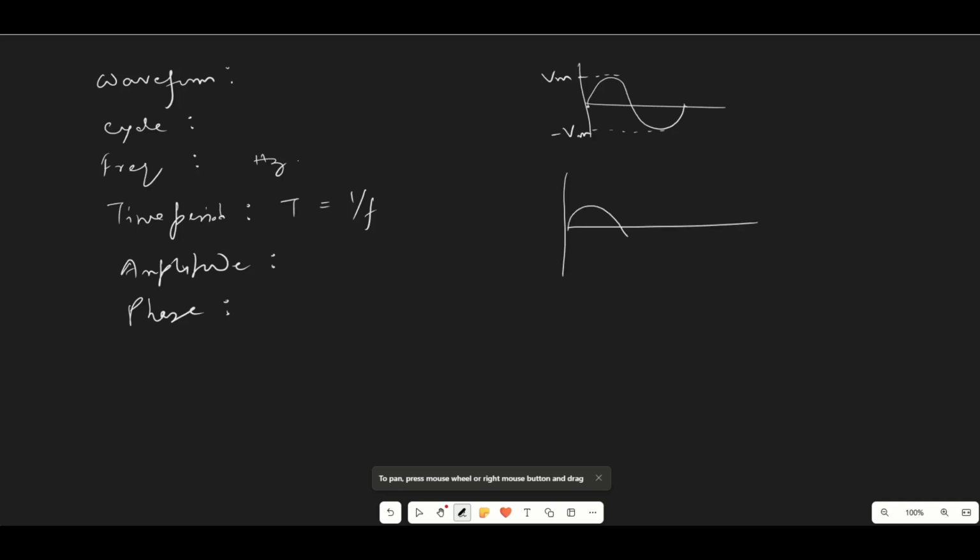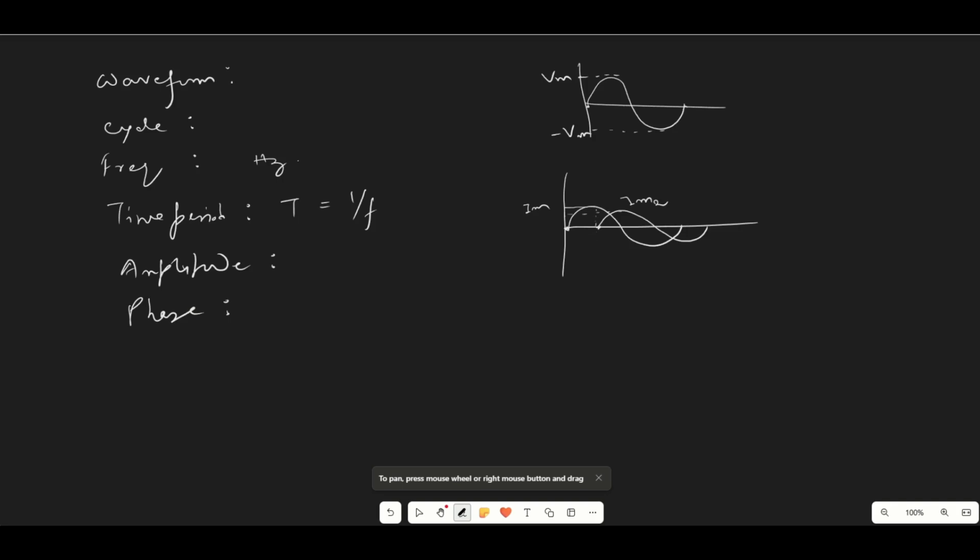So if this is an alternating quantity, suppose this is given by Im, and we are having another alternating quantity which is given suppose by Im2. Now as you can see, this is starting from this 0, but this Im2 is starting from this point, somewhere after pi by 2.